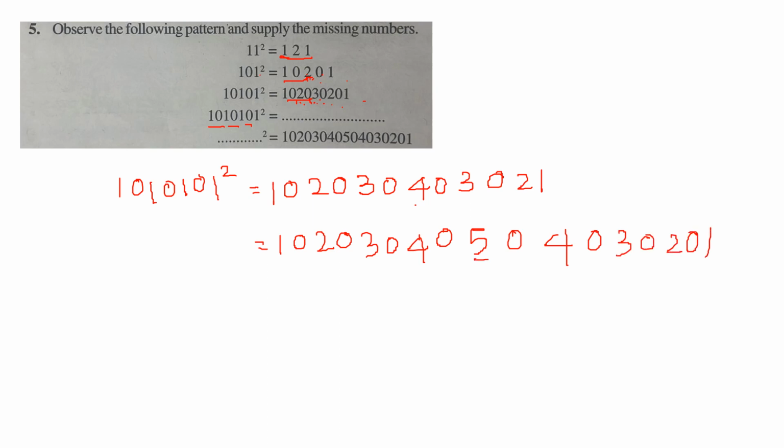And now here they've given the right hand side, 1 0 2 0 3 0 4 0 5 0 4 0 3 0 2 0 1. Since we have 5 in the middle, you will have to have 5 ones, right? So 1 0 1 0 1 0 1 0 1, the whole square.